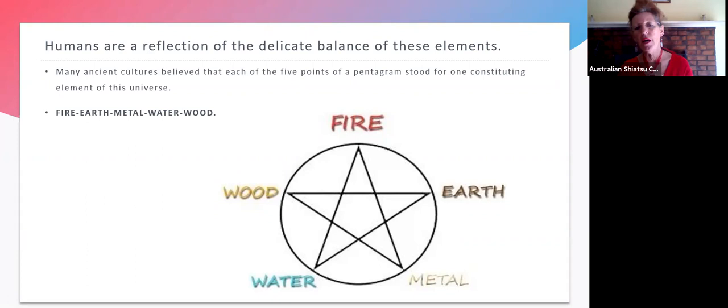So fire has this beautiful interrelationship with wood being its mother and earth being its child, but significant relationships with its grandparent in water, controlling or regulating fire, and fire regulating metal.